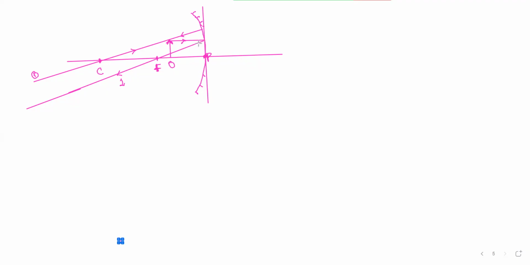So let's trace the reflected rays backward to see if they can possibly meet at the back. So we trace this backward. We trace the other ray backward because you've seen they cannot meet in front.